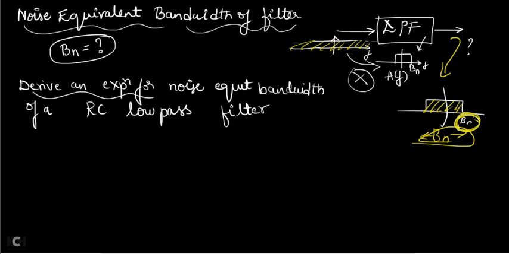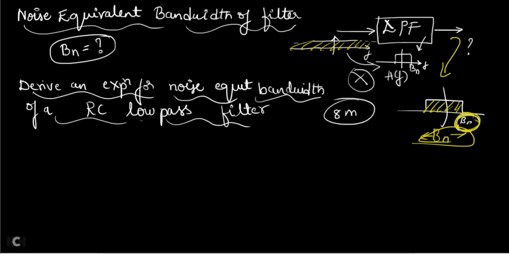This derivation is very important. It is worth 8 marks or 10 marks. Derive an expression for noise equivalent bandwidth of a RC low pass filter.